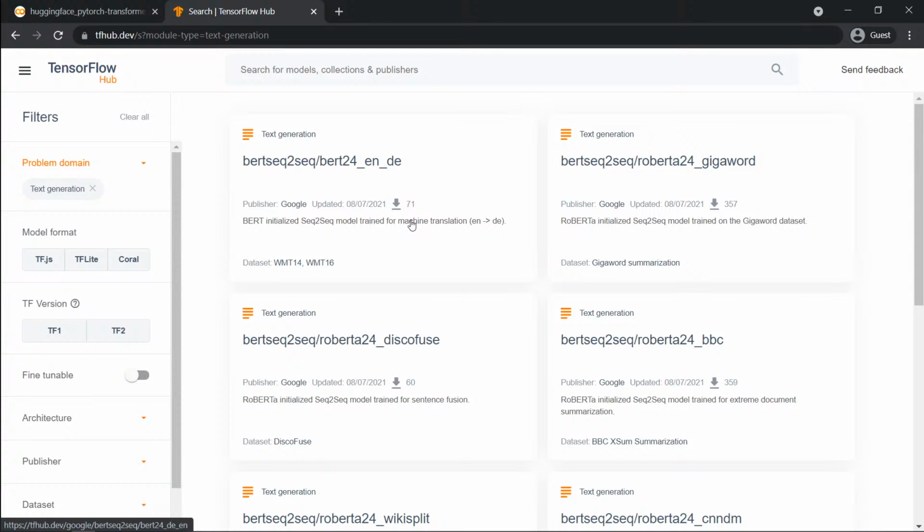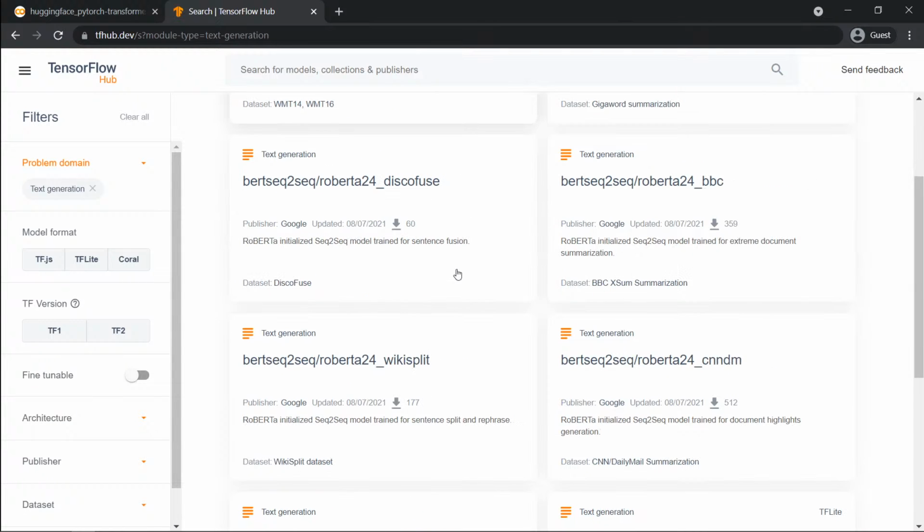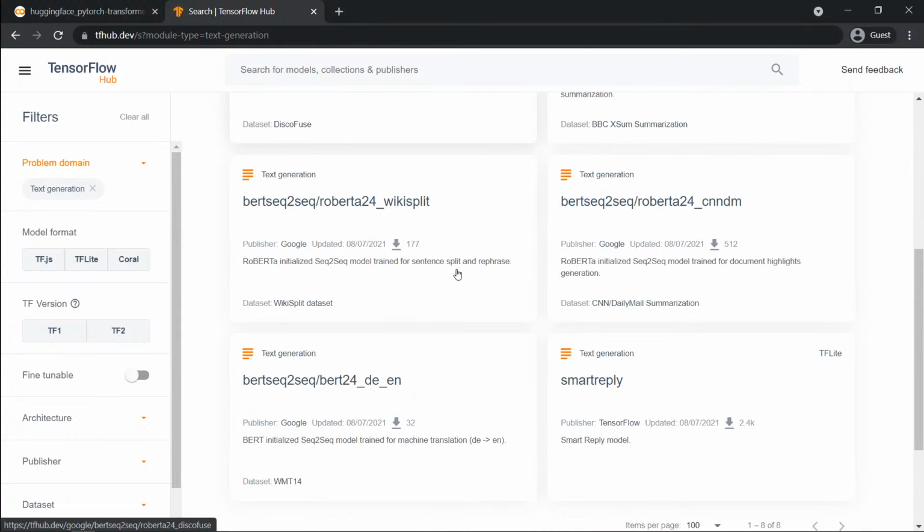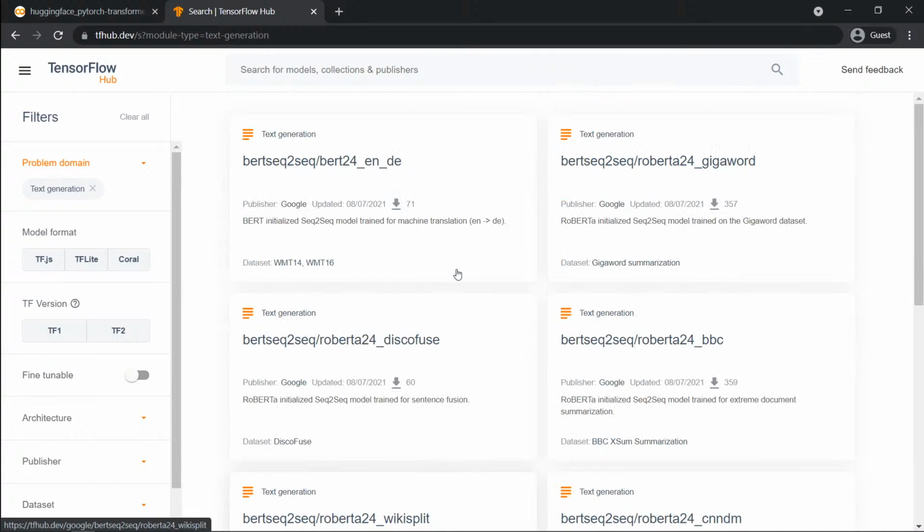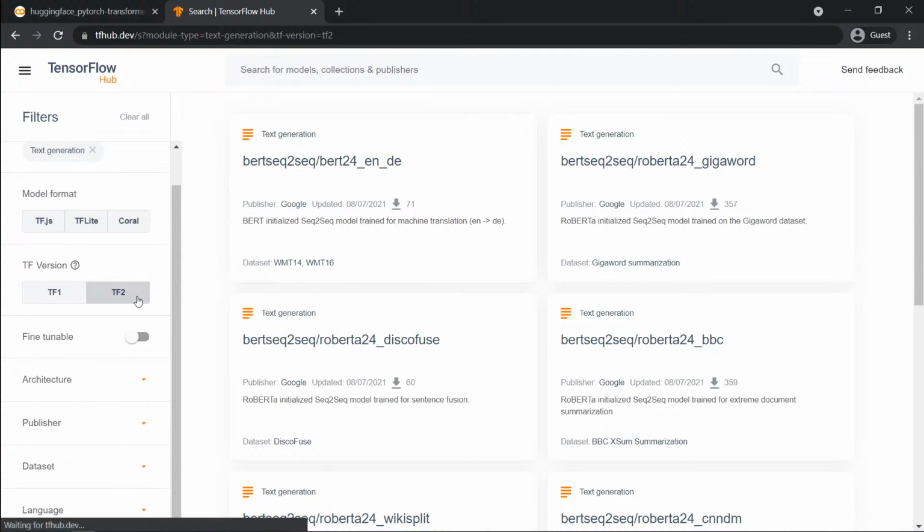Sentence fusion. Machine translation. Seq to seq. Extreme document summarization. Document highlights. Machine translation. TF2?